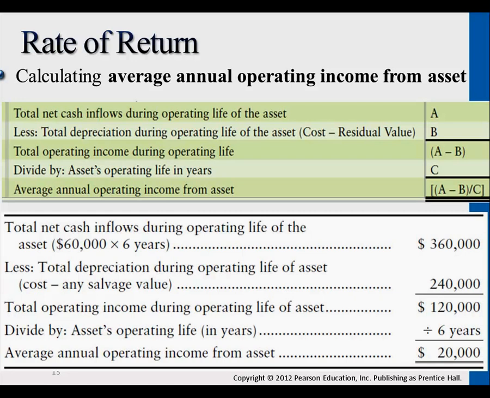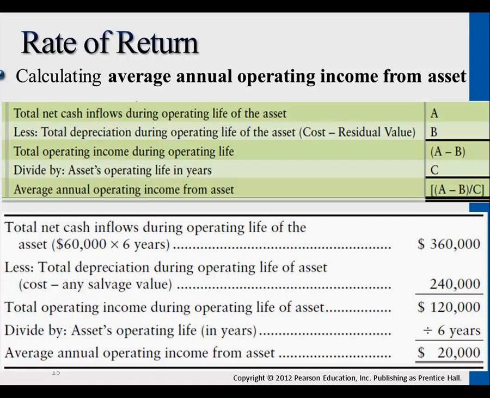We said we first invested $240,000, and let's say there is nothing left at the end of that lifespan, so our salvage value is 0, but the cost that we initially invested was $240,000. So we calculate our total operating income during the operating life of the asset as a subtraction of the two: $360,000 minus $240,000 is $120,000.